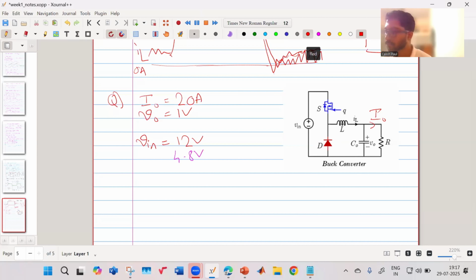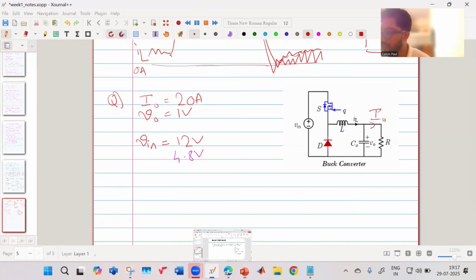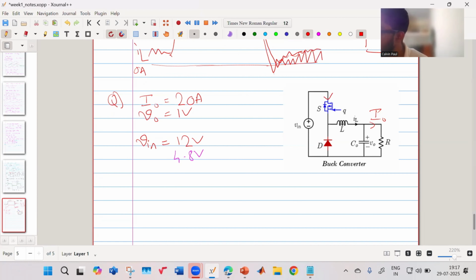What they have asked us to find out is the average current through the high side switch. You have to find this current's average. So how will we find this current's average? Any suggestions on how to proceed with solving this question?